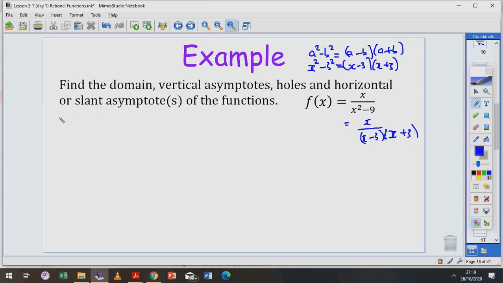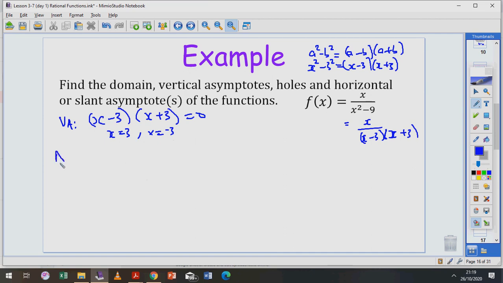Alright, so domain, remember domain is all real numbers except for the vertical asymptotes. The vertical asymptotes are found by setting the denominator equal to 0. So if I set the denominator equal to 0, then I will get x equals 3 and x equals negative 3 as my vertical asymptotes.